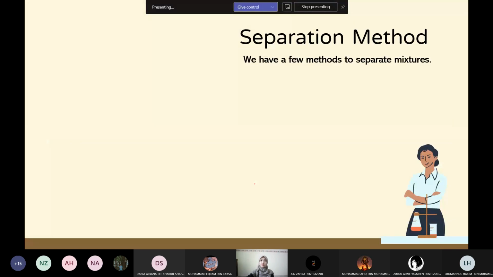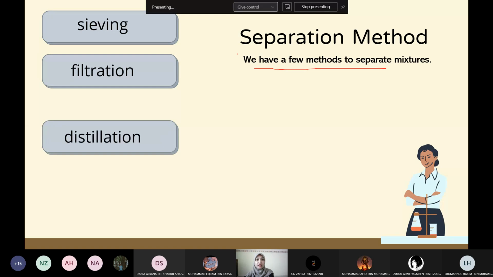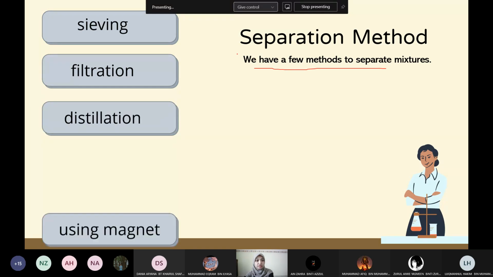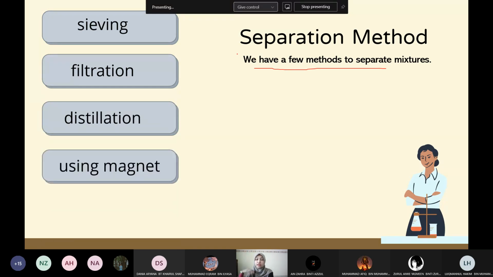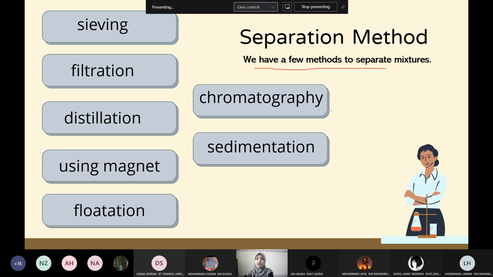Alright. Separation method. Okay, we have a few methods to separate mixture. Number one, we have sieving. Second, we have filtration, distillation, separation using magnet. And then we have flotation, chromatography method, and last one we have sedimentation.